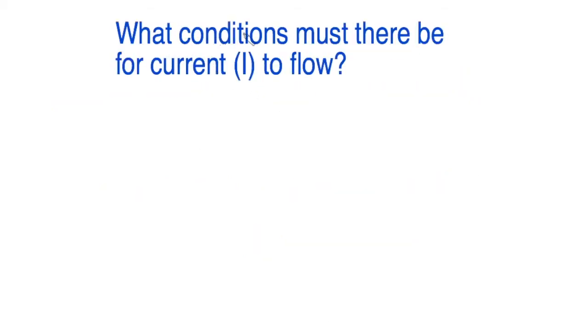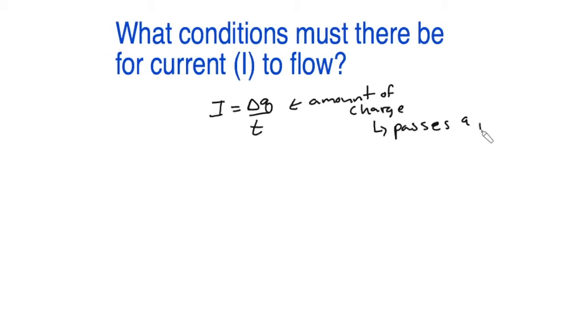Now we see this, it says, what conditions must there be for current to flow? All right, so if I look at I equals delta Q over T, this is the charge through a wire, so this is an amount of charge. But this is a charge that goes by a given point, passes a point.